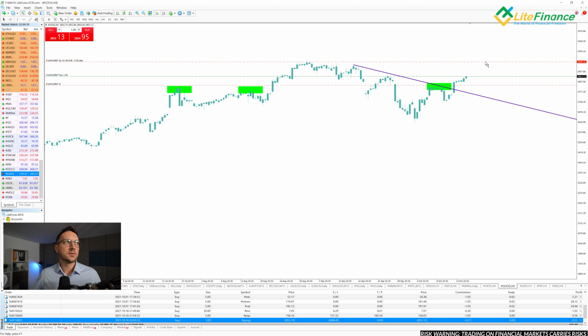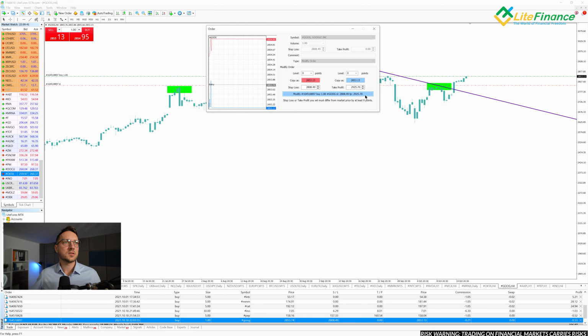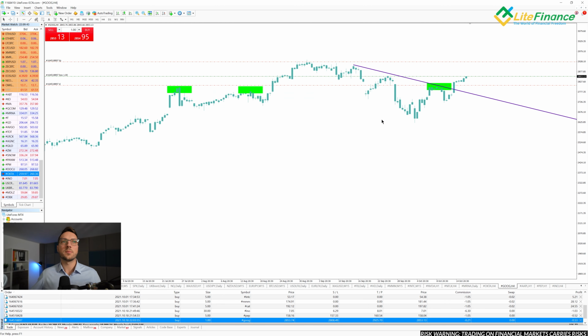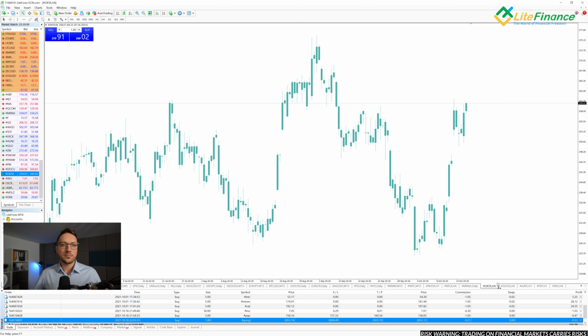Okay, let's set it on 62. It doesn't need to be to the pip. 62 to have at least 1.5 to 1 risk reward ratio, therefore we are risking less than the potential profit.